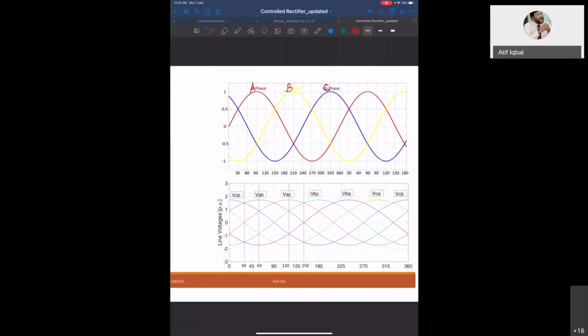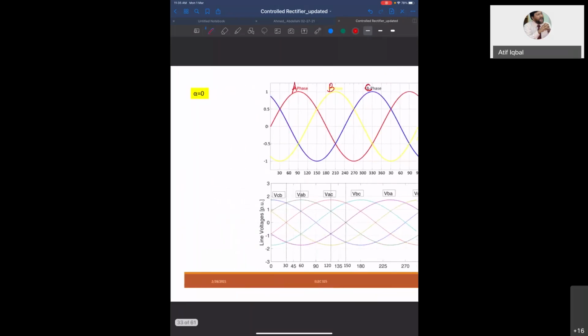This is my phase voltage waveform, and I explained in the last class how we draw the line voltages. There are 6 line voltages: VAB, VBC, VAC, VCA, VBA, and VCB.